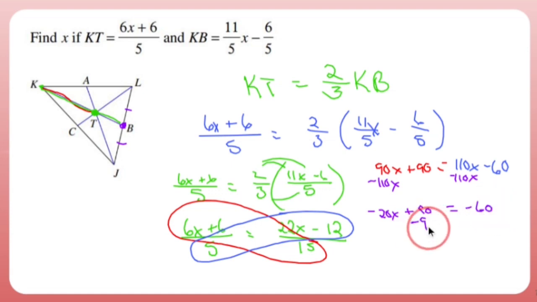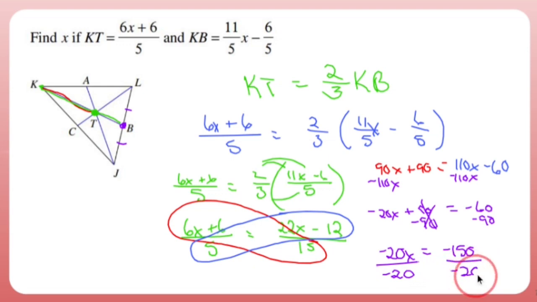Let's subtract 90 from both sides. And that gets me negative 20x equals negative 150. Divide both sides by negative 20. And x equals positive 7.5.